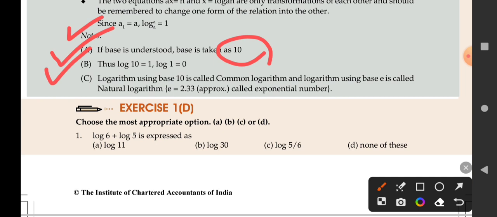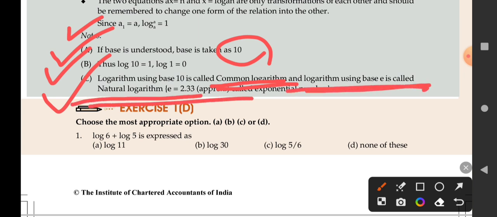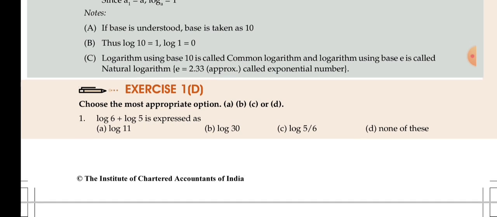And log of 1 becomes 0 always. Logarithm using base 10 is called common logarithms, okay? And logarithms using base e is called natural logarithms. E means exponential number. E is 2.33.